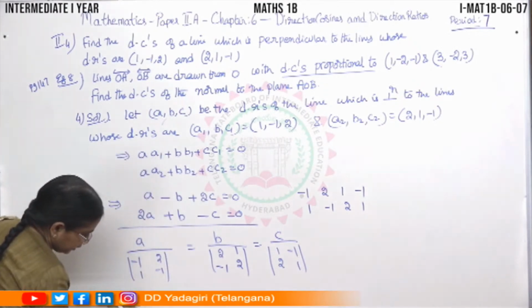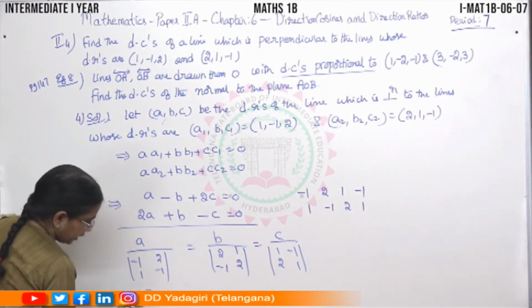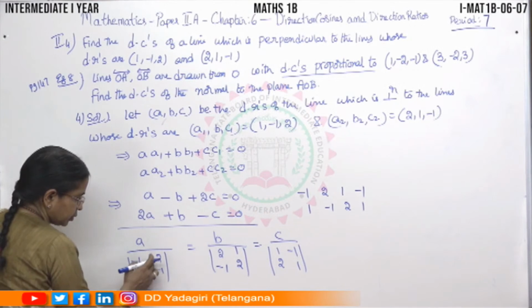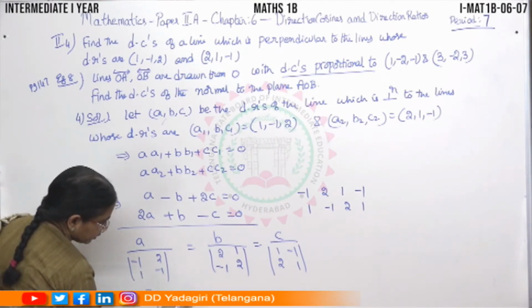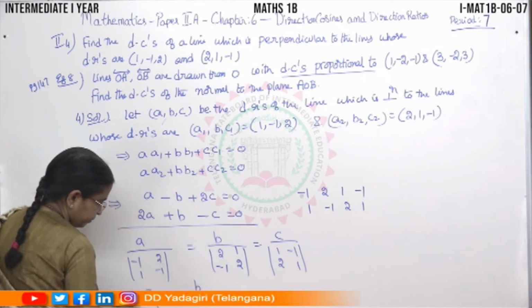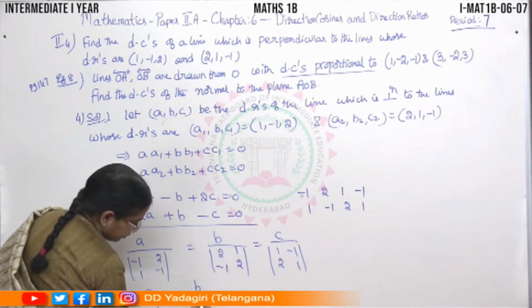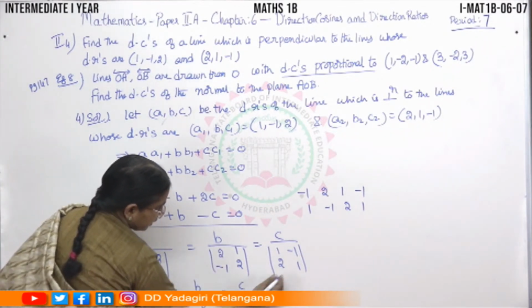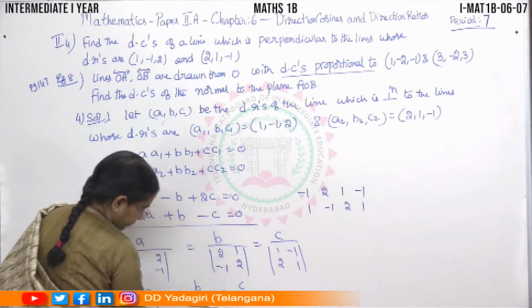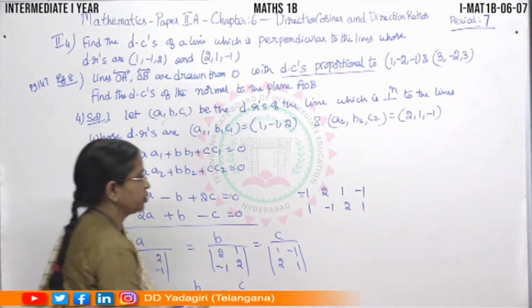So you will get A by (1 minus 2), which is -1, equal to B by (4 plus 1), which is 5, equal to C by (1 plus 2), that is 3. So these are the ratios.